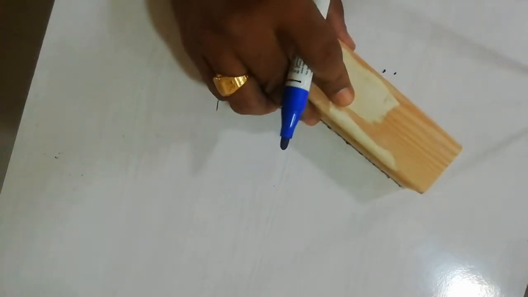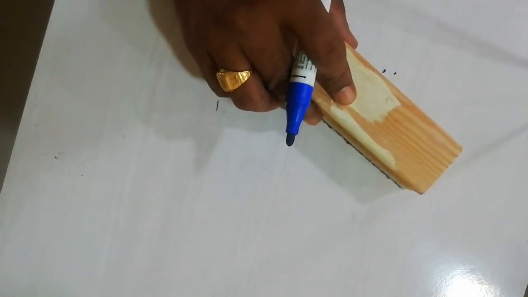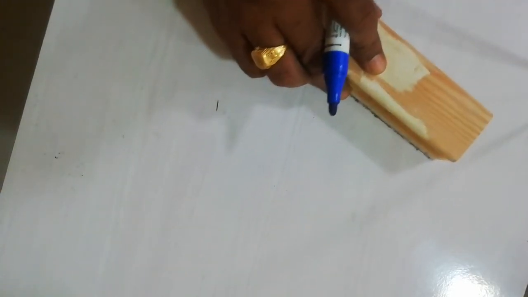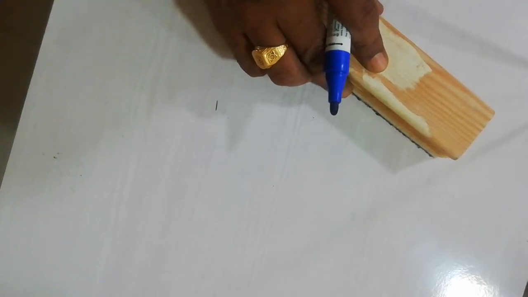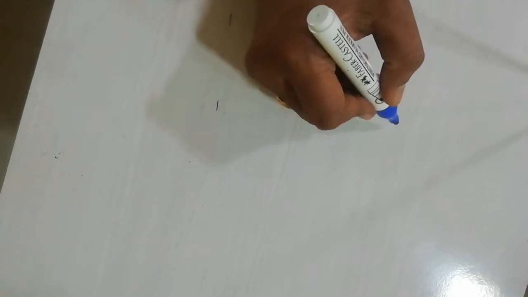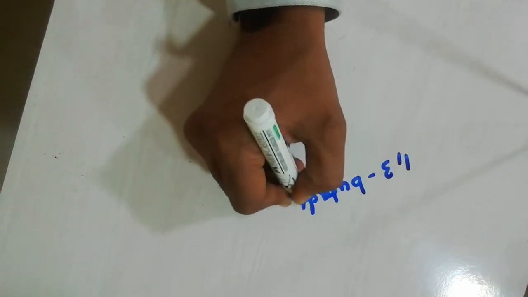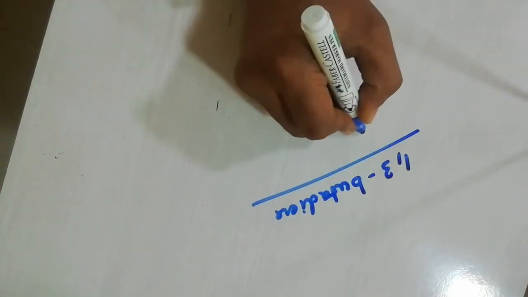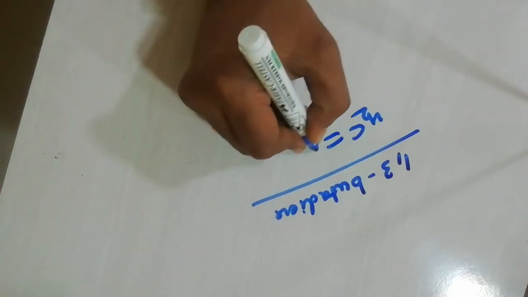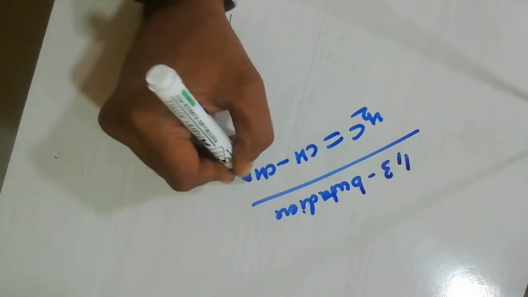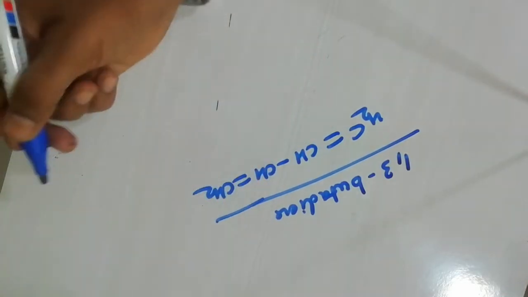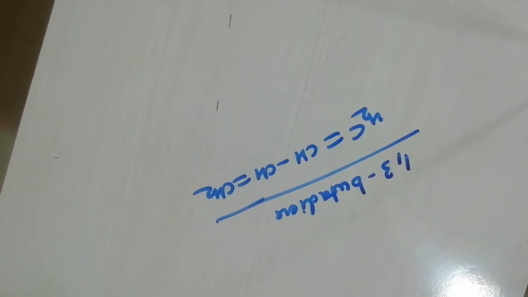1,3-butadiene. This is a compound whose chemistry we have to study in detail.